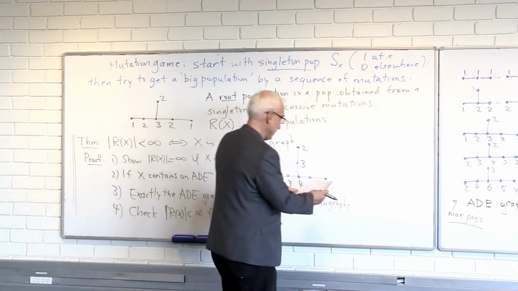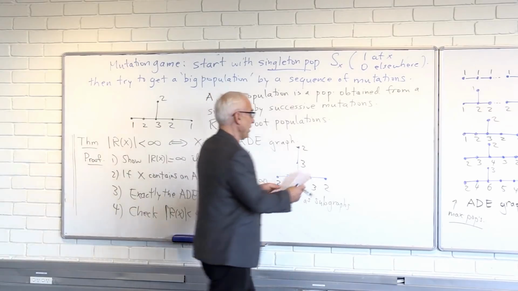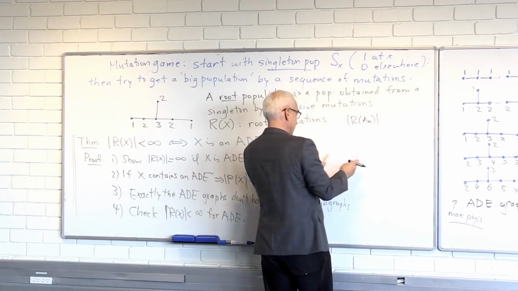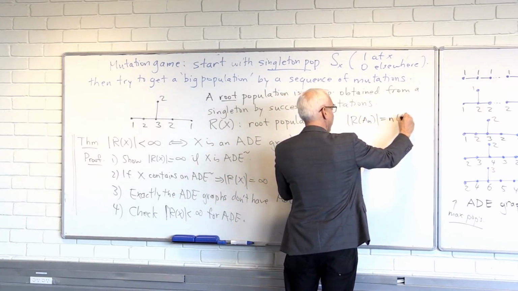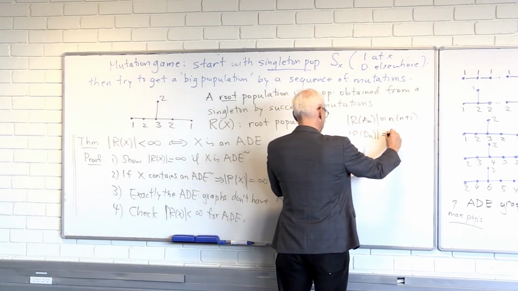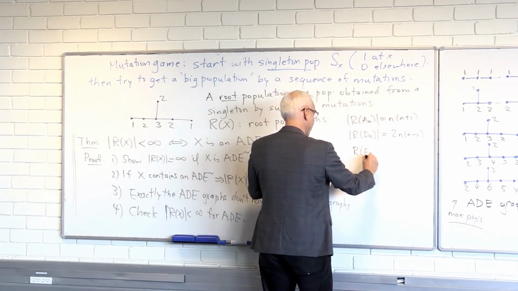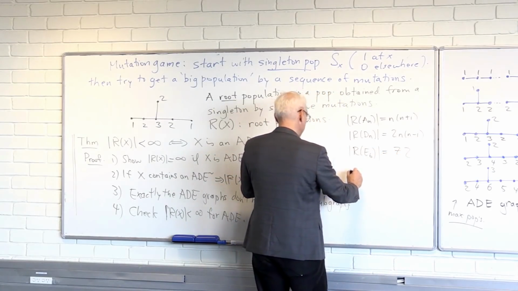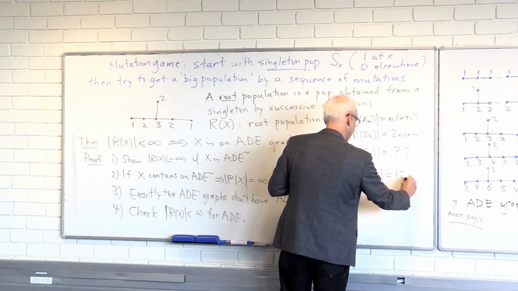So it turns out that if we're talking about A_n, then the number of roots for A_n is n times n plus 1. For D_n, it is 2n times n minus 1. For E6, it is 72. For E7, it is 126.